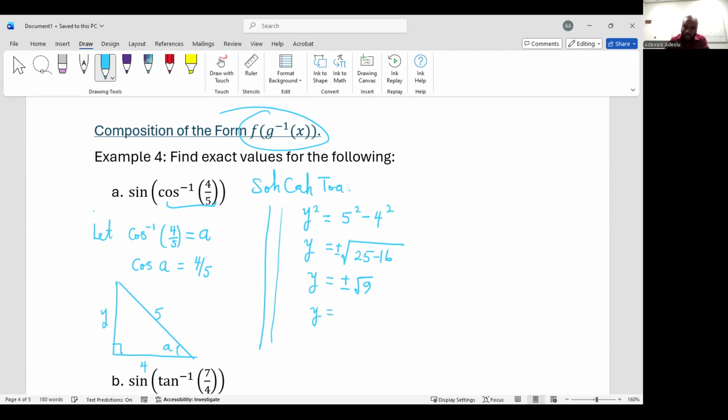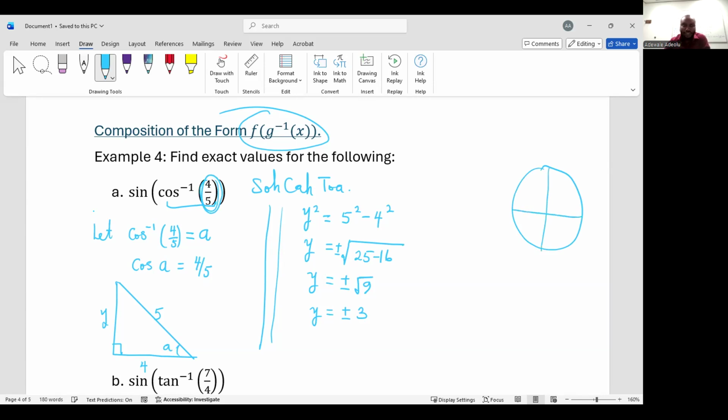And y is plus or minus 3. But we know that this input is positive.